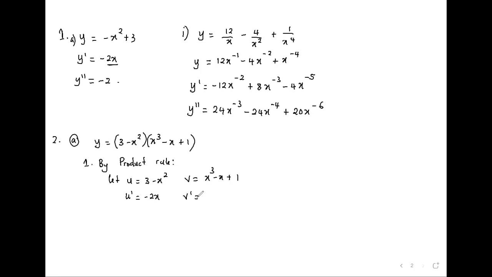We differentiate v. We are getting 3x squared minus 1. We now put together. So y prime is u prime v plus v prime u. That is minus 2x multiplied by x^3 minus x plus 1 plus 3x squared minus 1 multiplied by u, which is 3 minus x squared. So we are done. We don't simplify much in calculus.